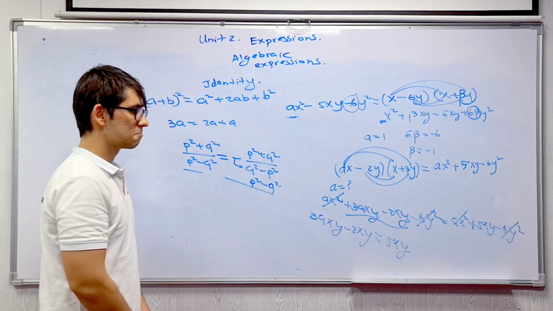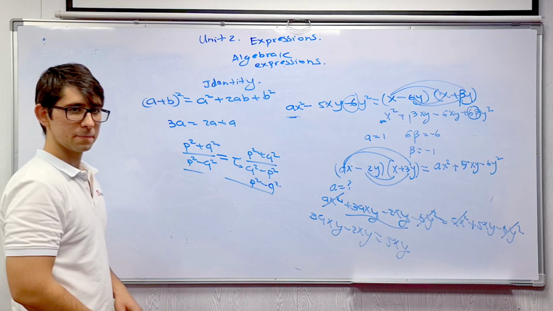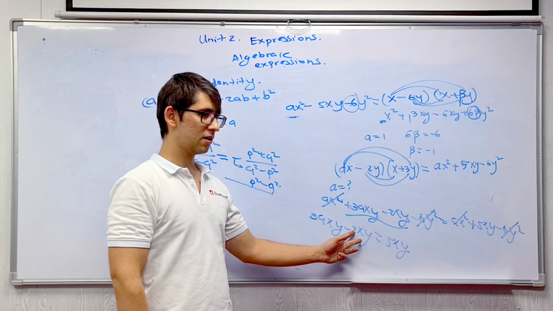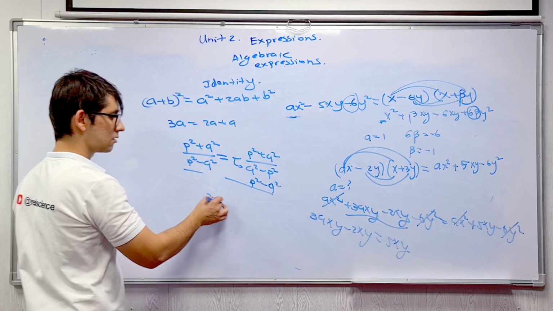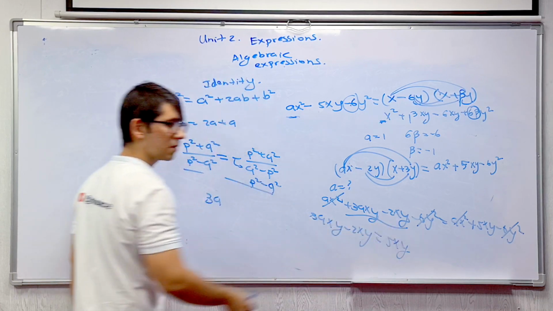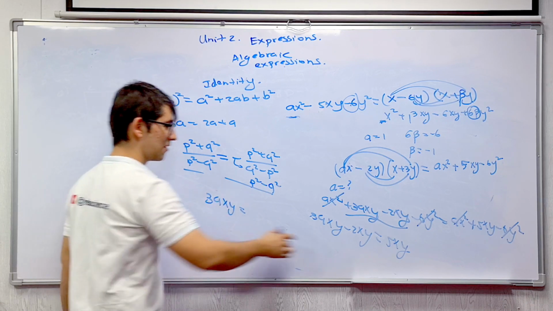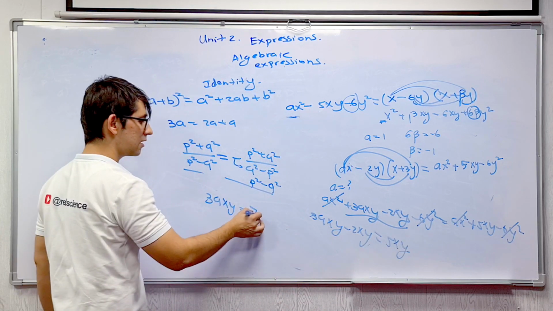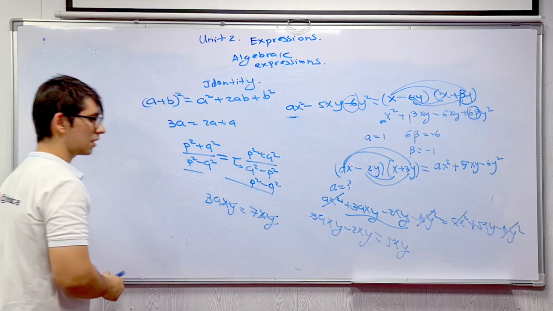No, don't guess. Minus 2xy, you can bring it to another side with different sign. 5xy plus 2xy will be 7xy. Right? And xy happens cancellation.